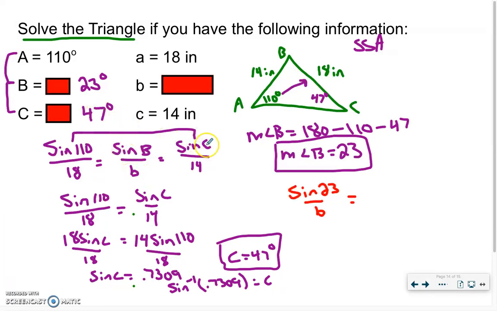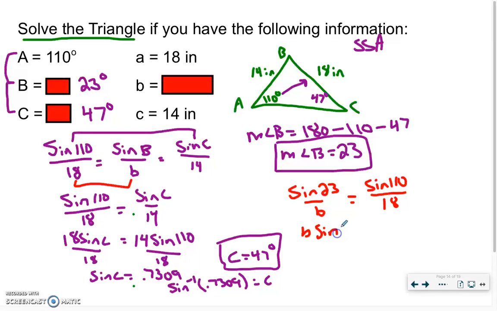You could go sine of C and go sine of 47 over 14, or I like to compare back to the beginning, because that way if this happens to be wrong, I'm not going to also get the other one wrong. So we're going to compare this to sine of 110 over 18, and then we cross multiply again. So a lot of this is: build your proportion, show me this setup. This is what the geometry is. I want to see the algebra after that.